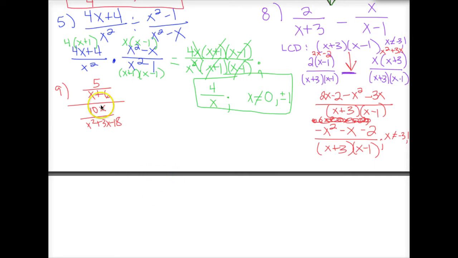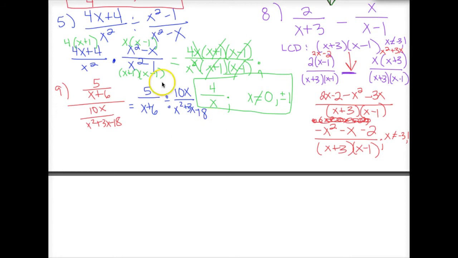This is a relatively easy complex fraction because there is no addition or subtraction in the numerators or denominators. So each one only has one fraction, which means I'm going to go ahead and rewrite this. This is 5 over x plus 6 divided by 10x over x squared plus 3x minus 18.